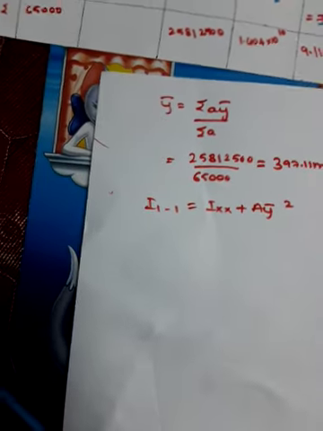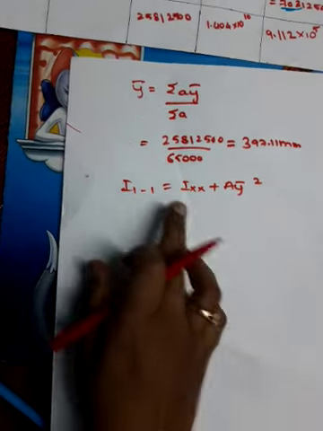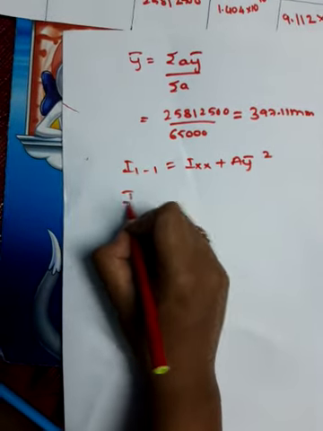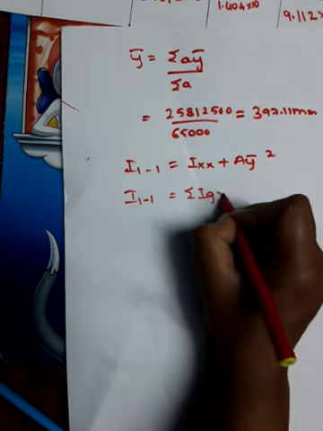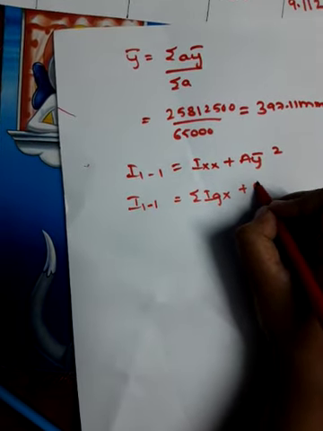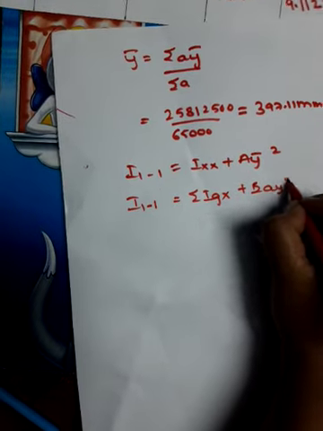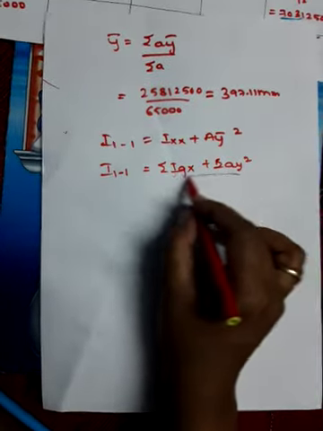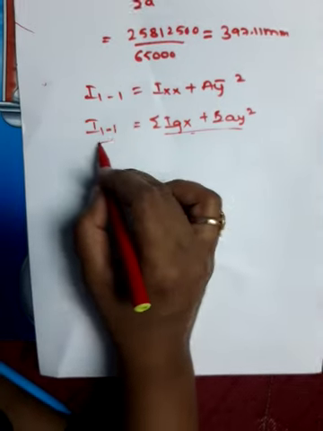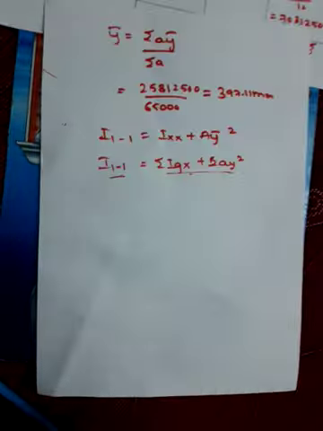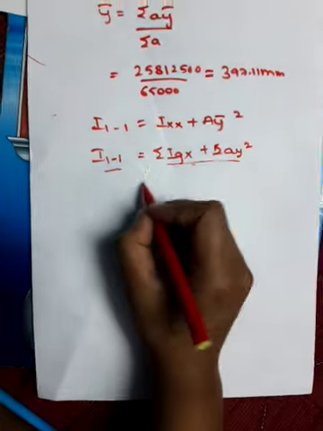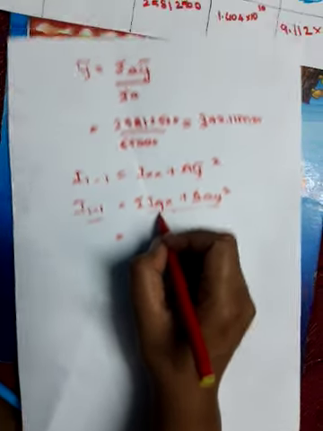So this equation is also valid, and this equation also you can just write. Both the equations are parallel axis theorem only. Now we have these two values, no? So let us calculate the I11 value first, then we are going to use this particular equation to calculate the Ixx value. So summation of Igx is equal to what?